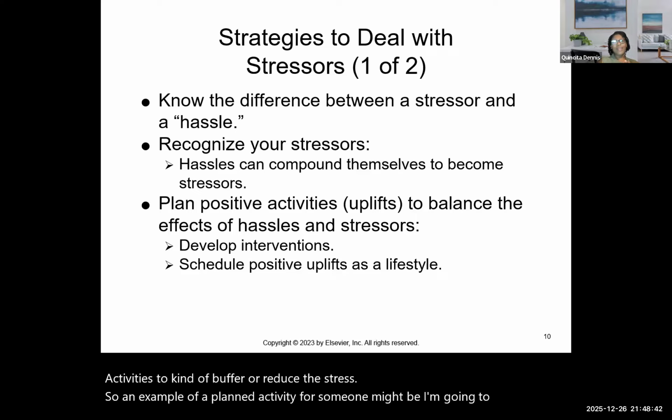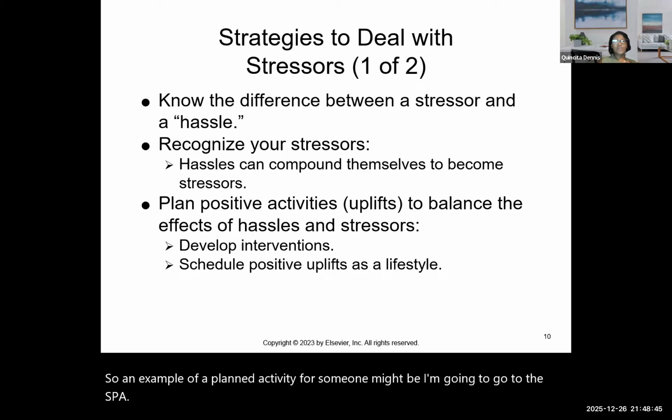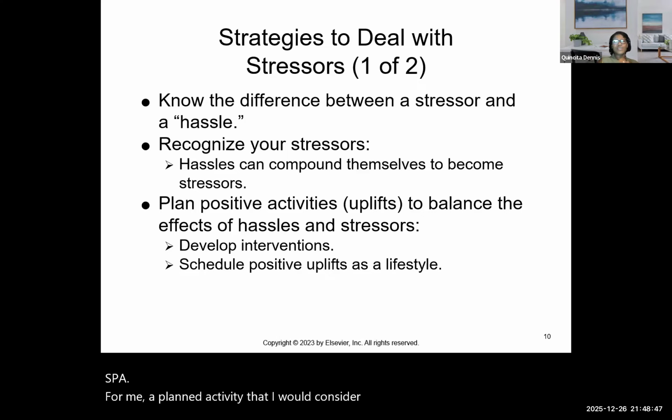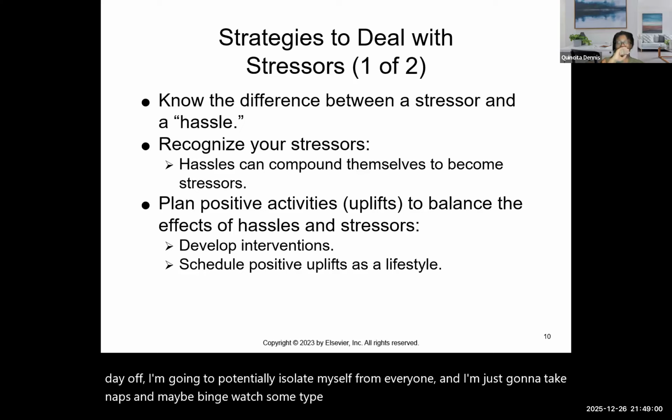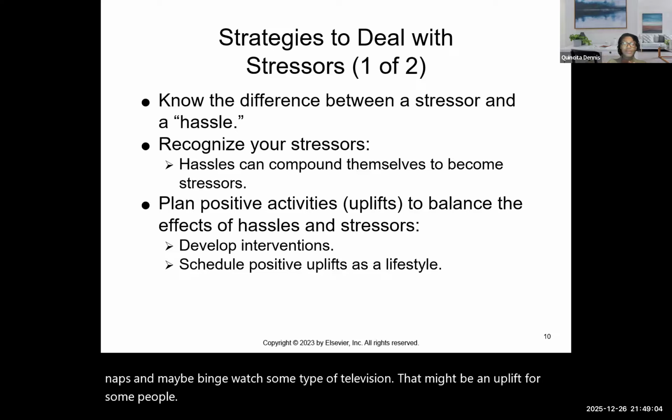For me, a planned activity that I would consider an uplift is I'm just going to take the day off. I'm going to potentially isolate myself from everyone, and I'm just going to take naps and maybe binge watch some type of television. That might be an uplift for some people, and it doesn't cost any additional money.